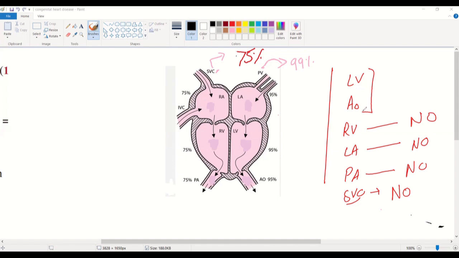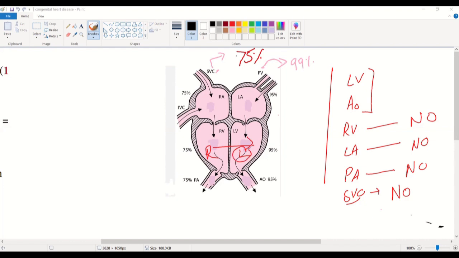I hope it makes some sense to you. Can we go a step further on the rationale behind the no change, and the change in the left ventricle and aorta? So why is there no change? Because in Eisenmenger syndrome, the shunt is from right to left.